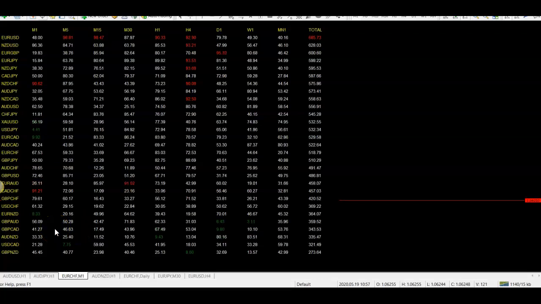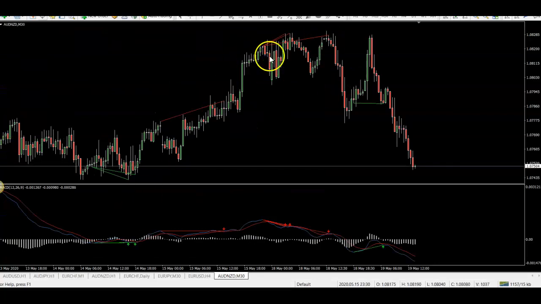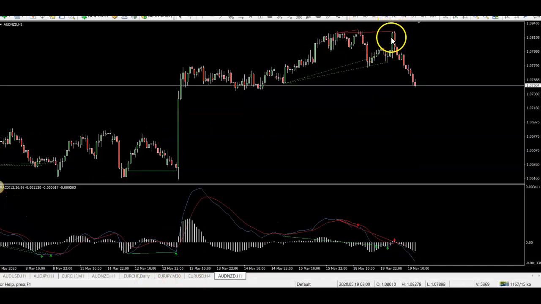Okay, there was a trade I posted earlier on. If you're on the sales page, it was in the Aussie Kiwi. This morning it was well up. If you just have a look at this, it's a trade I closed not long ago. This was a trade that I took earlier, based on a divergence on the 1 hour charts.